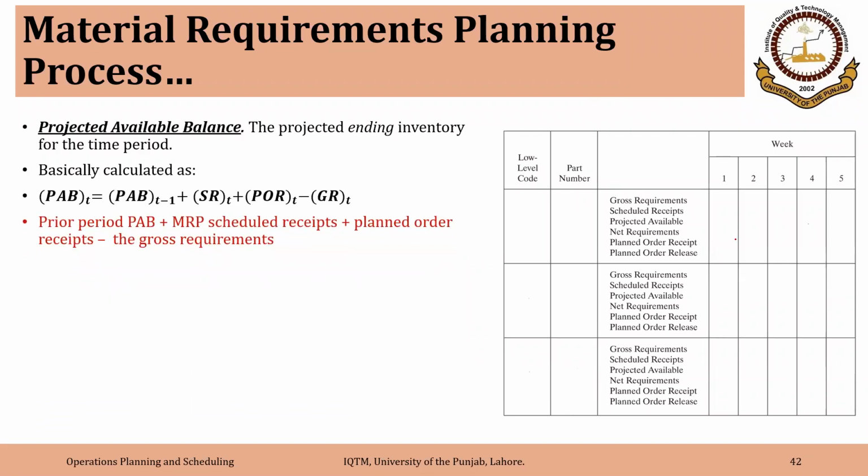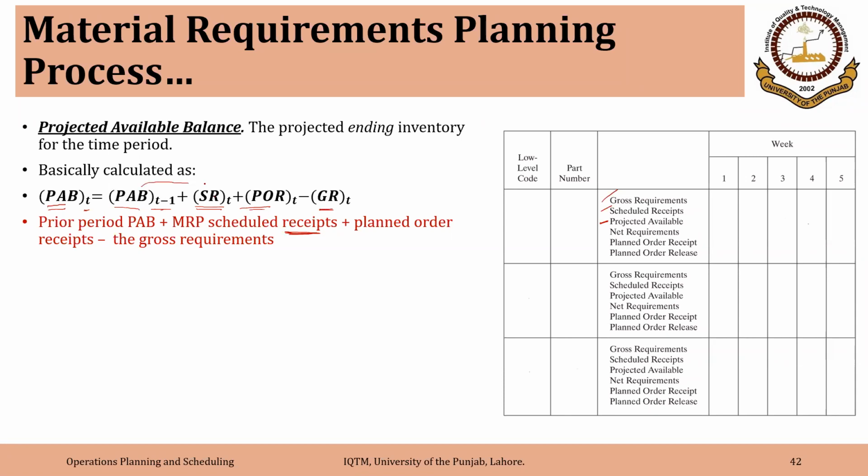After the gross requirements and scheduled receipts, we have projected available balance. This is actually the ending inventory, and its formula is the same as we had in the case of MPS. So ending inventory or projected available balance in a period T is equal to projected available balance in the previous period plus scheduled receipts in that period plus planned order receipts in that period minus gross requirements.